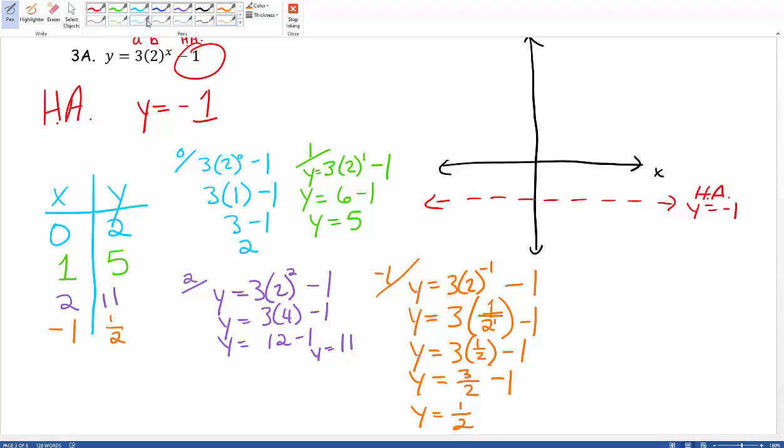Going ahead now and graphing these, we have 0, 2, right about there. When we graphed the green one at 1, we ended up with a y value 5. Right about there. And then 2, we ended up with 11.